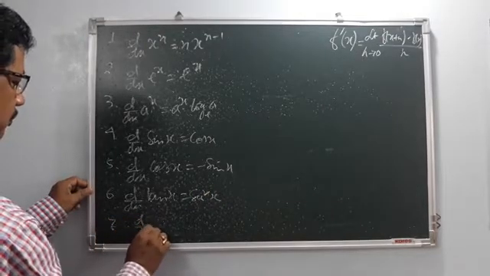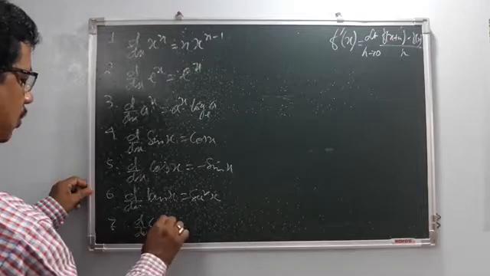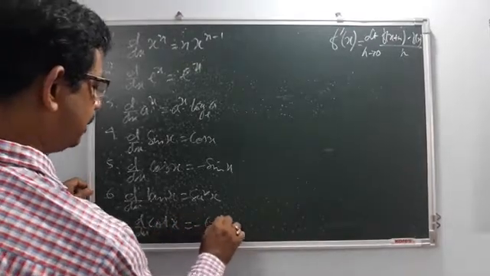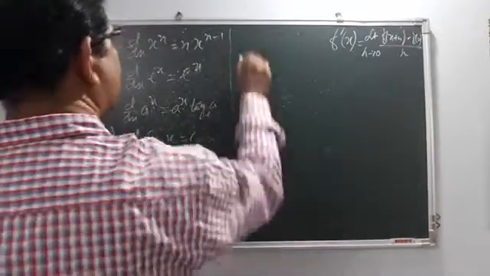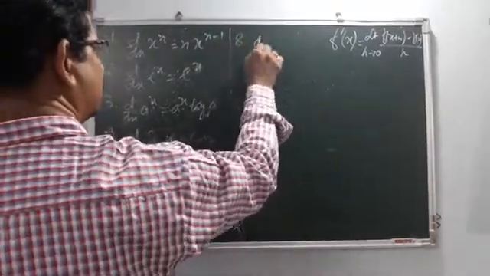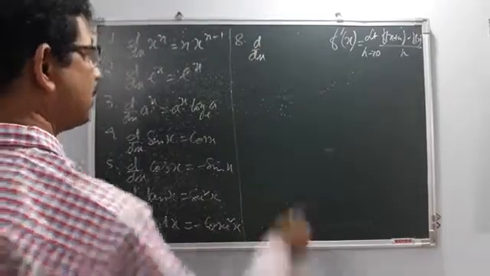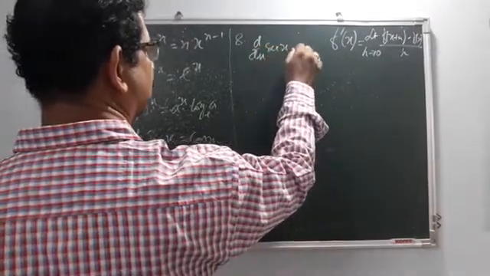d/dx of cot x is equal to minus cosec square x. Then d/dx of sec x is what?